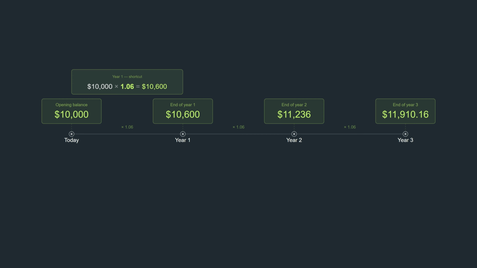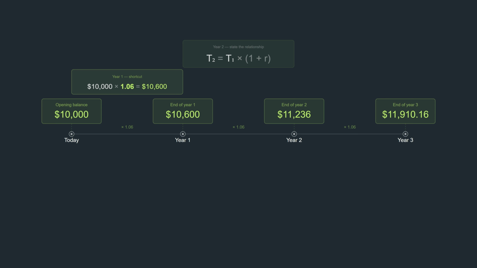But that's only for 1 year. Let's expand this to year 2. At the end of year 1, which we'll label T sub 1, we have the original principal multiplied by 1 plus the interest rate. To get year 2, we take that amount at T sub 1 and multiply it by 1 plus the interest rate again. So the total at T sub 2 equals the total at T sub 1 multiplied by 1 plus the interest rate.